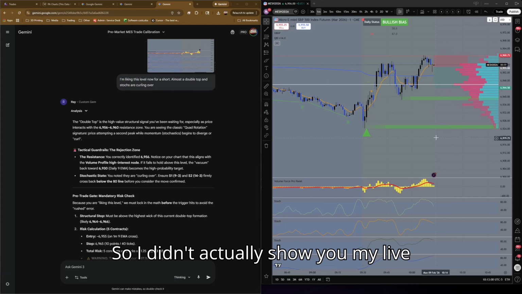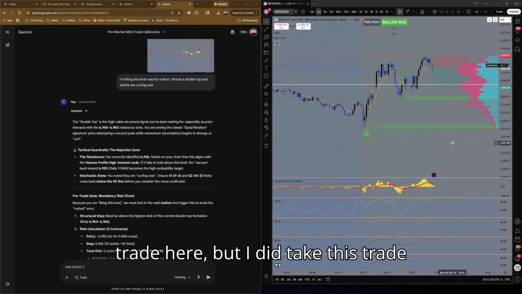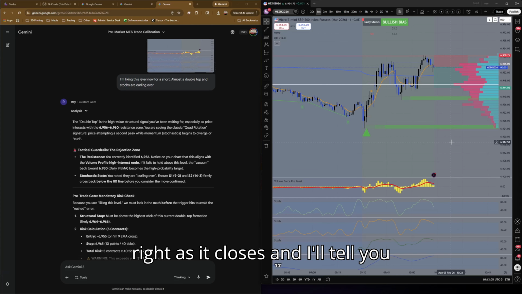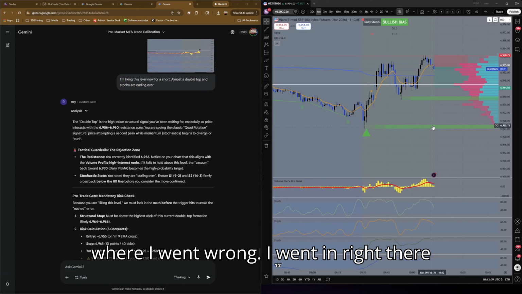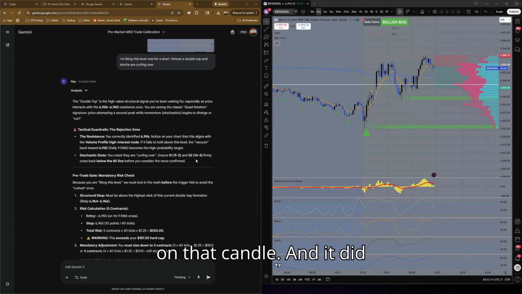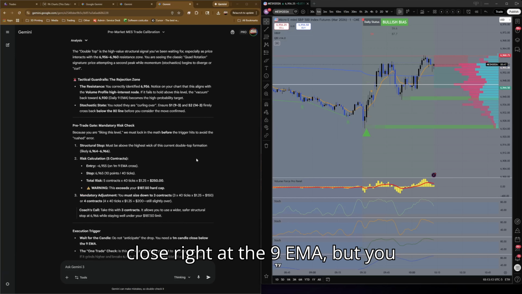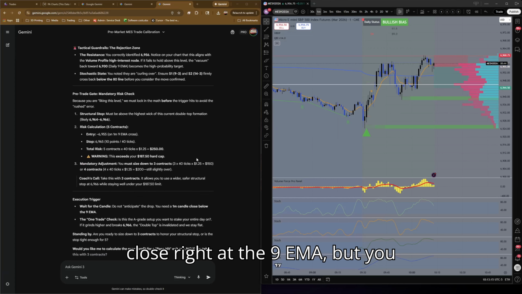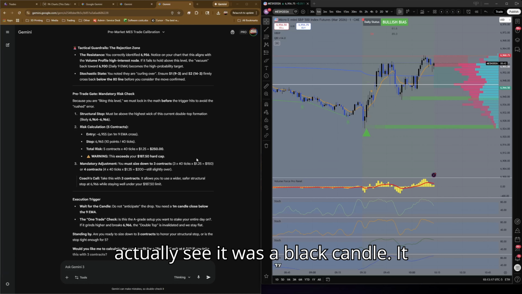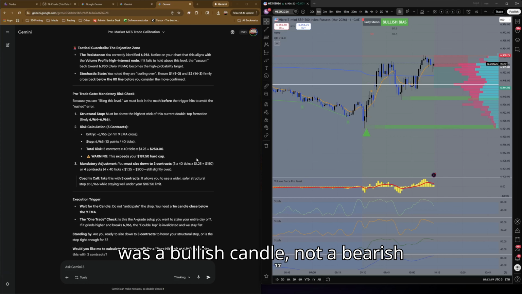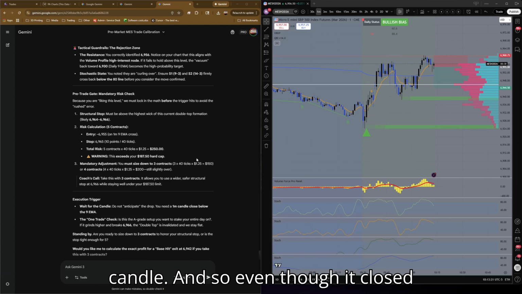So I didn't actually show you my live trade here, but I did take this trade right as it closes, and I'll tell you where I went wrong. I went in right there on that candle, and it did close right at the 9 EMA, but you actually see it was a bullish candle, not a bearish candle.